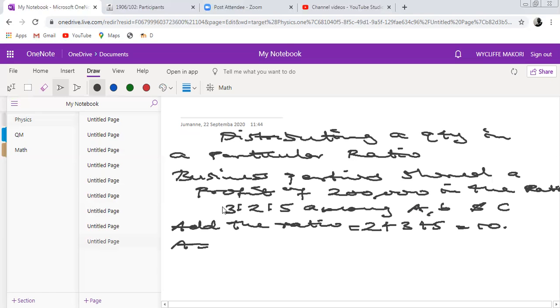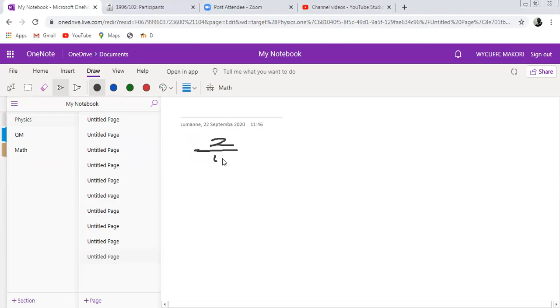A is being represented by 3 here, so A is going to get 3 over 10 times the 200,000, whereby you will find that the person will get 30,000. B will get the ratio of 2 over the total ratio, which is 10, times 200,000, which is 20,000.